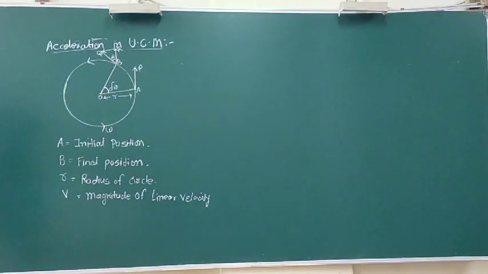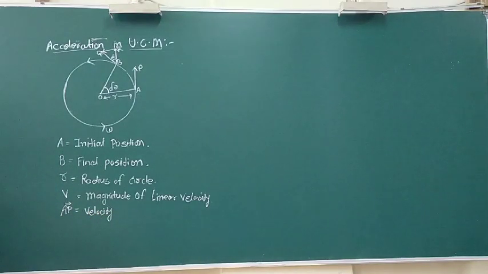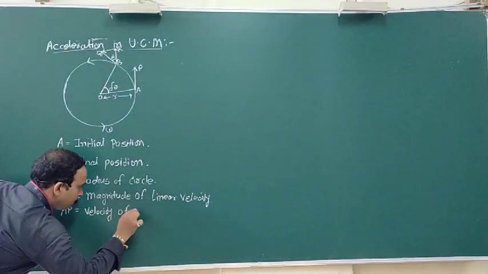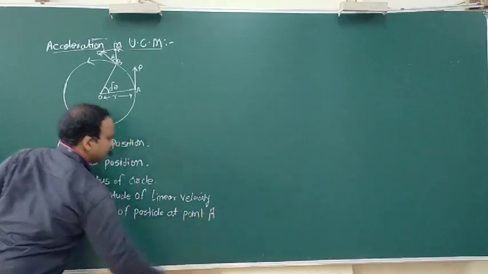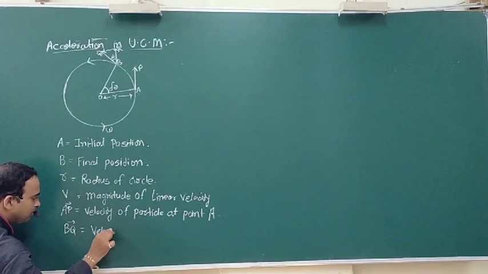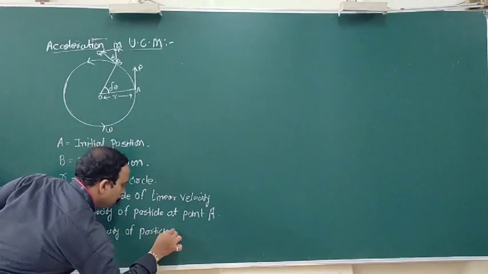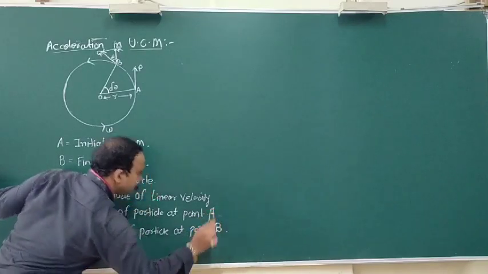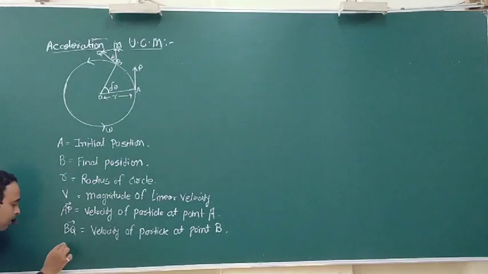Now AP bar be the velocity of particle at position A. Similarly, BQ bar be the velocity of particle at point B. Now RQ bar be the change in velocity.